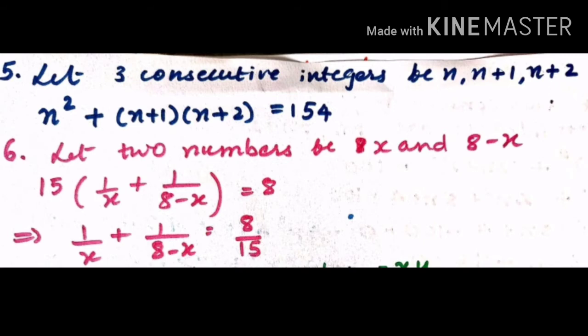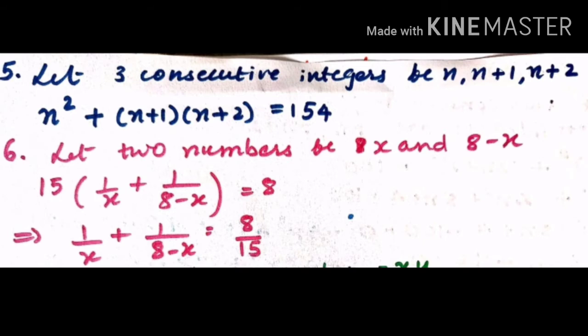Now next line is that if the square of the first, means n square, is increased by the product of the other two, means n plus 1 and n plus 2, their product means multiplication and increase means plus sign in between them, is 154. So is equal to 154.